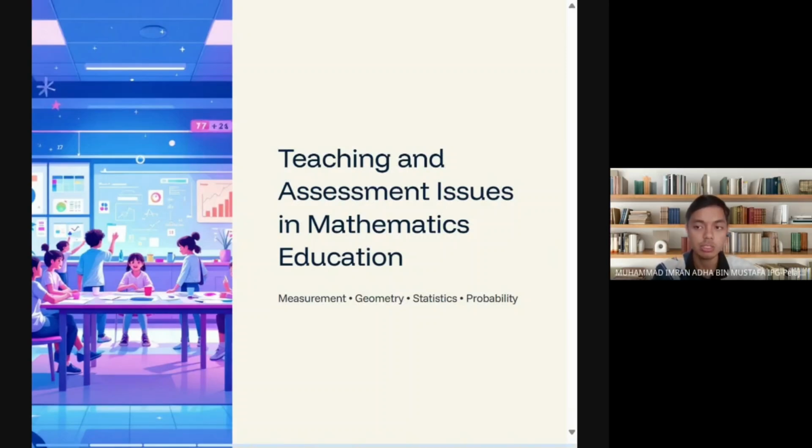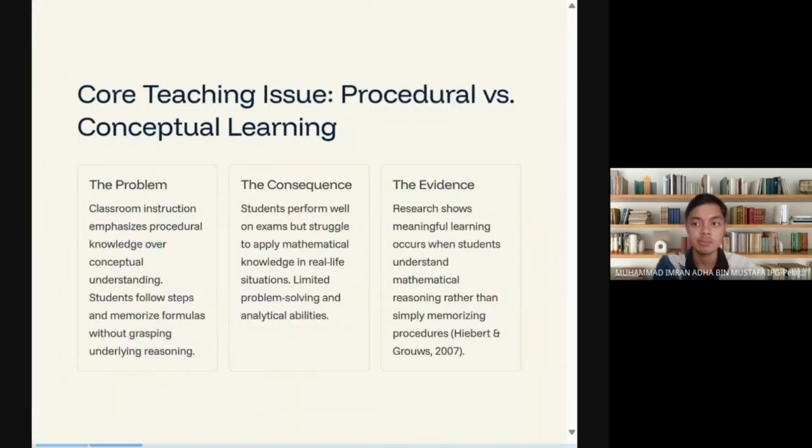However, many studies have shown that students often struggle with understanding fundamental mathematical concepts due to misconceptions and ineffective teaching strategies. According to the Malaysian Ministry of Education, misconceptions in mathematics remain one of the major reasons for low student achievement in the subject.